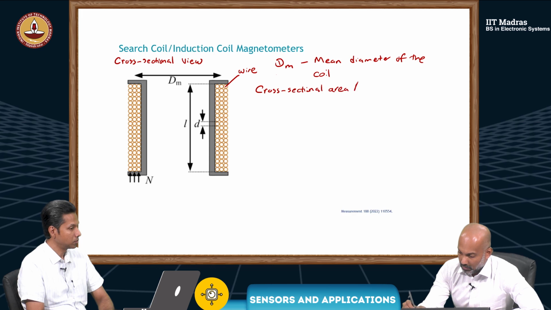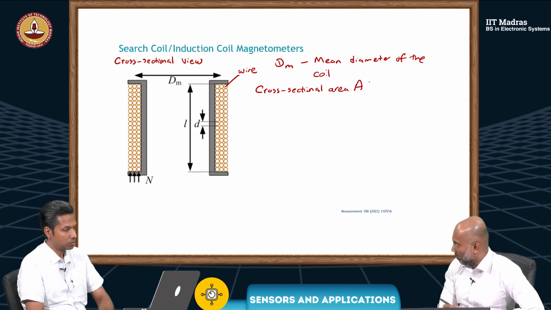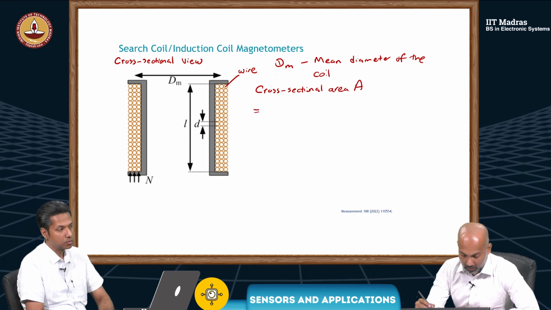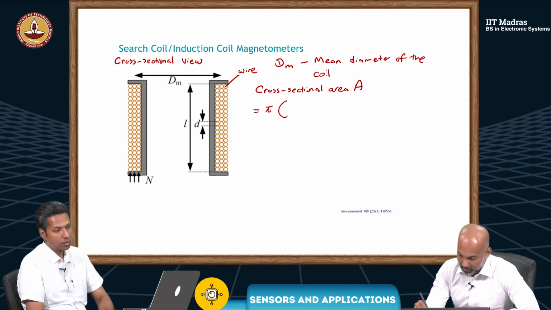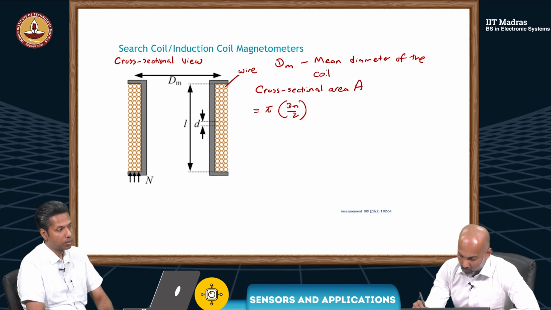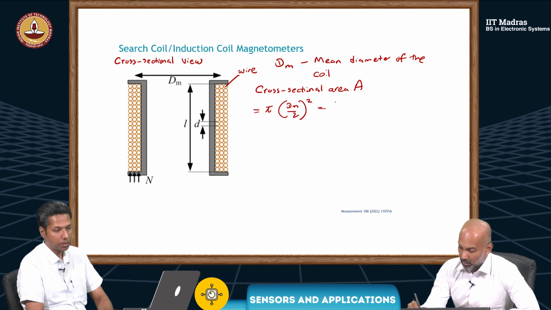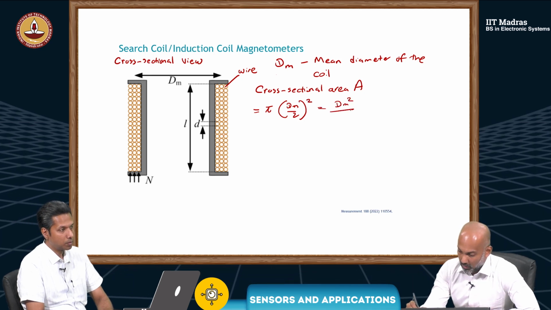Now the cross-sectional area, A, we had that in the equation before, right, is equal to pi r squared. So r in this case will be DM over 2, squared, so pi DM squared over 4.